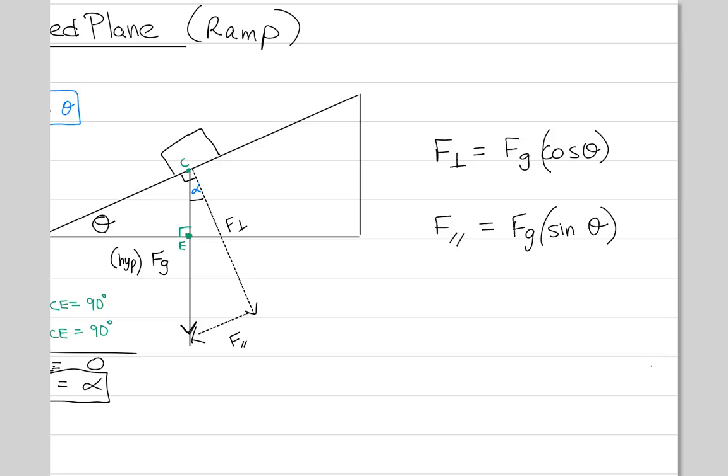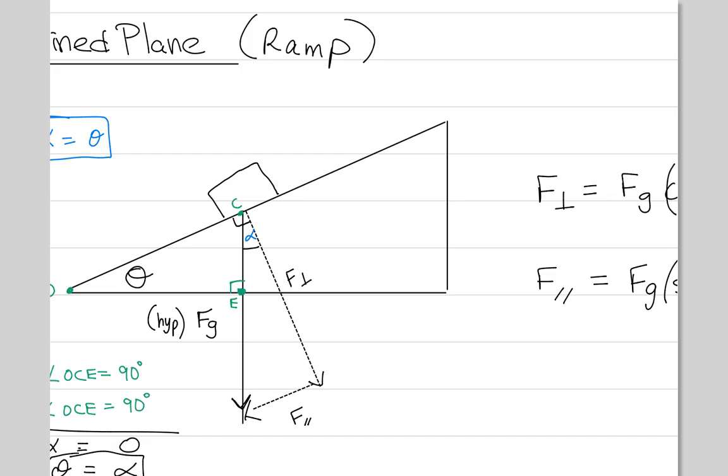Now how can we relate FG cos theta and FG sine theta, F perp and F parallel, to stuff we're already familiar with? So if we look at this box on the ramp, what other force is involved? Fn, good. Which way does that point?